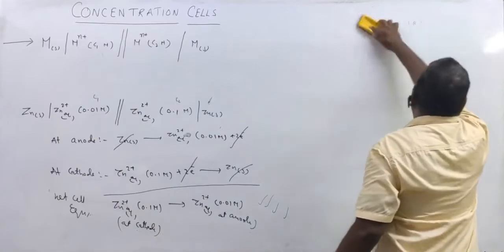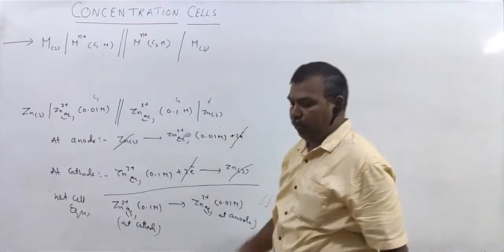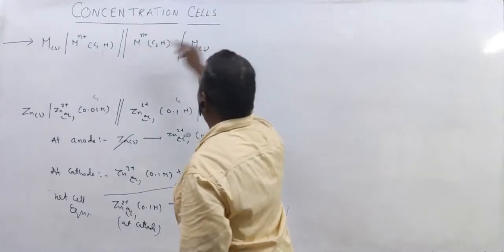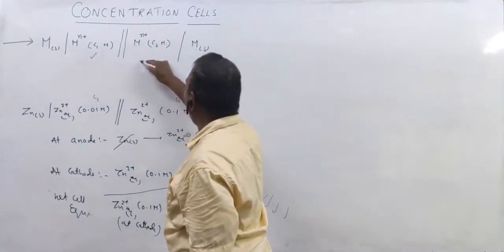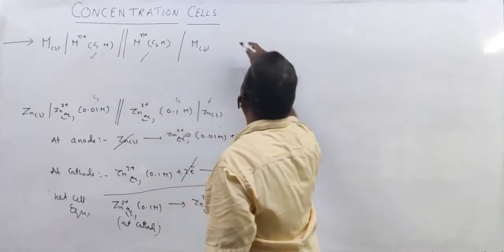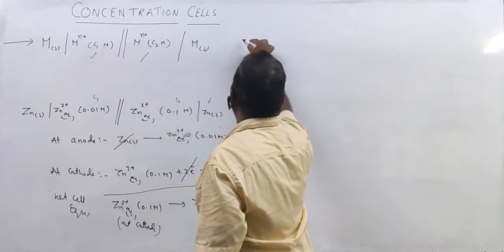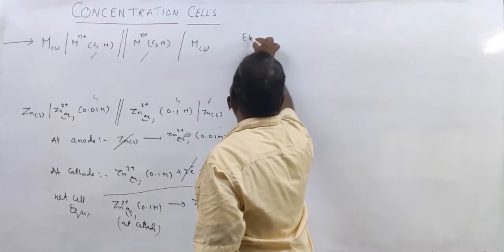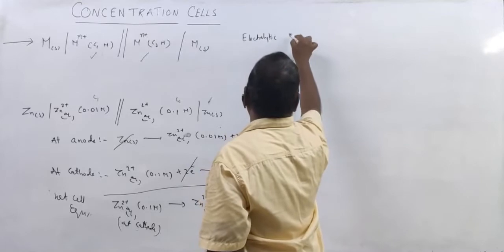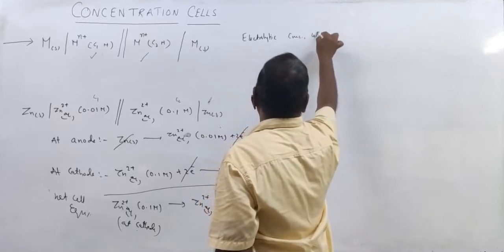If the active masses of the electrolytes are different, then such cells are examples of electrolytic concentration cells.